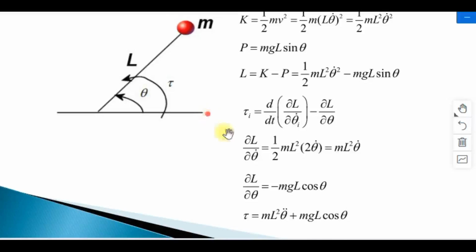Clear? This is important. If you do not understand, then please write in the chat box. I will explain again.